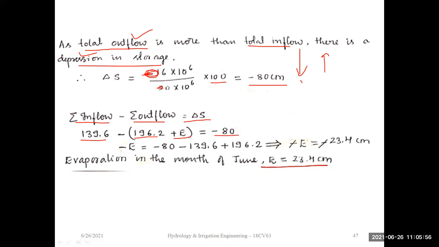Sending all these terms to the right hand side, you get minus E is equal to minus 80 minus 139.6 plus 196.2. So E is 23.4 centimeter. The evaporation in the month of June is 23.4 centimeter. This is the depth of evaporation we have calculated using the water budget equation.